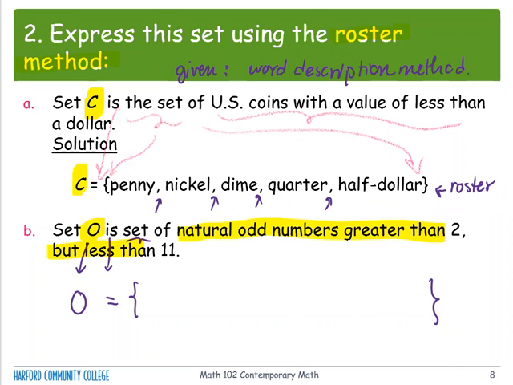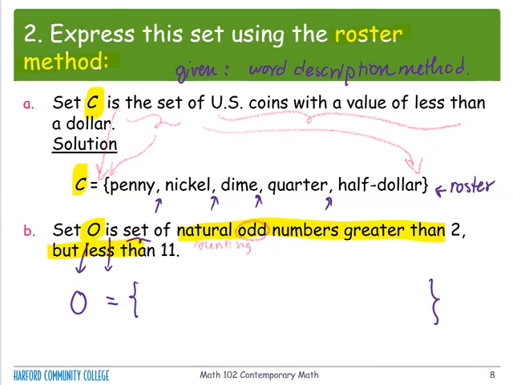In our prep notes, when we make a list, the natural number means a counting number. And another part of the property is an odd number. Starting with a number that's greater than 2, you just think about what would be the next number after 2. Greater than means we don't include 2.